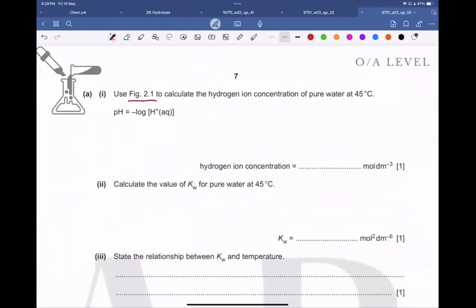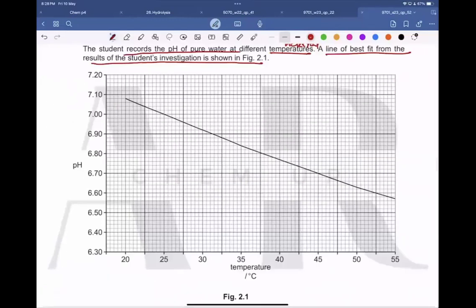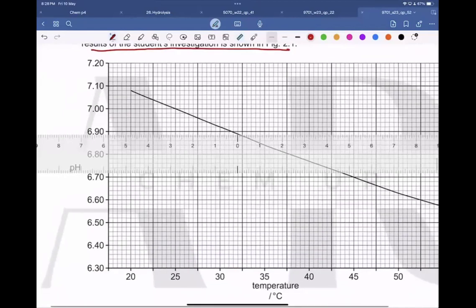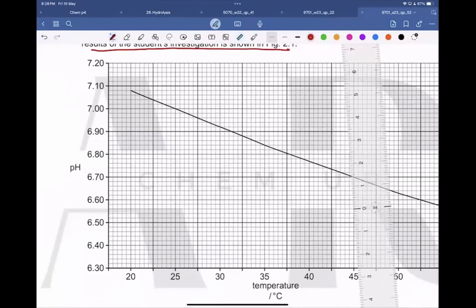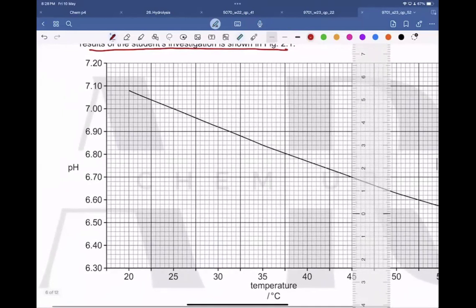Use figure 2.1 to calculate the hydrogen ion concentration of pure water at 45 degrees Celsius. So here we get the pH. Now have a look at 45 degrees Celsius. This is 45.